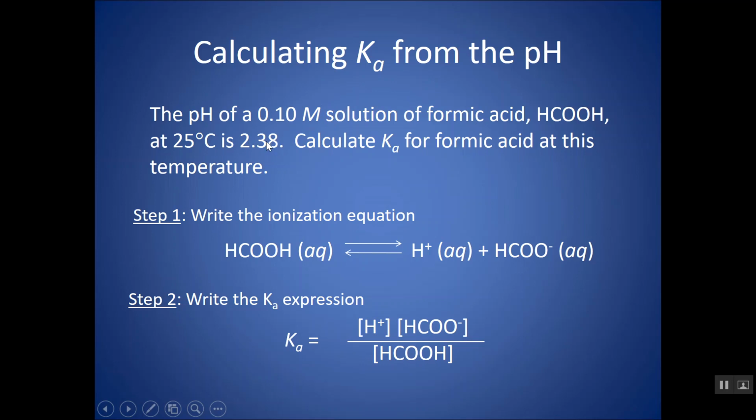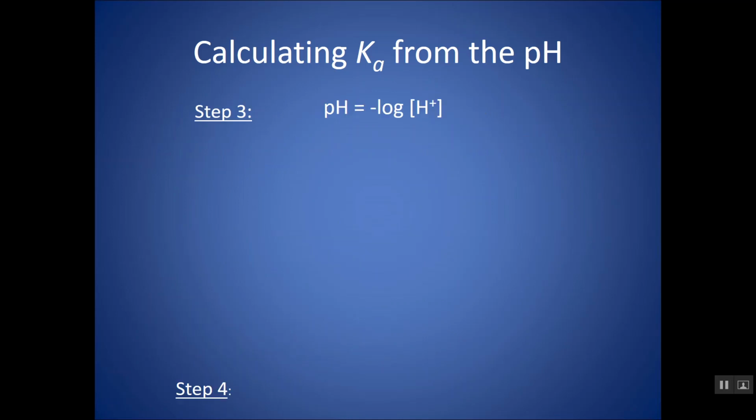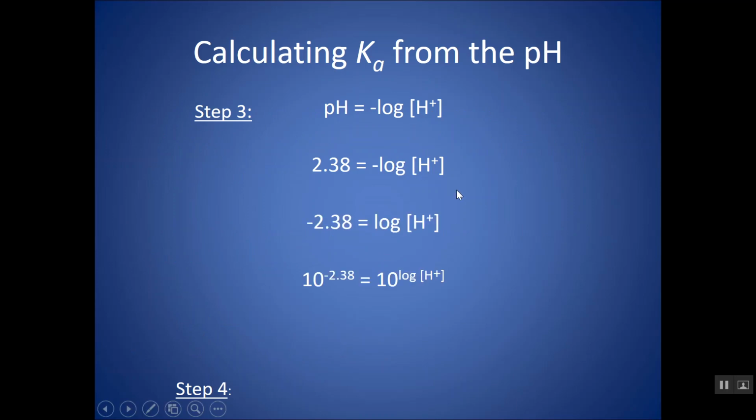And when I look at the pH, that's essentially giving me the H+ concentration at equilibrium. So from the pH, you can always find the equilibrium concentration of H+. Make sure you're comfortable plugging into pH and solving for H+. Essentially, to solve for H+, you're taking 10 to the power of each side to get rid of that log.